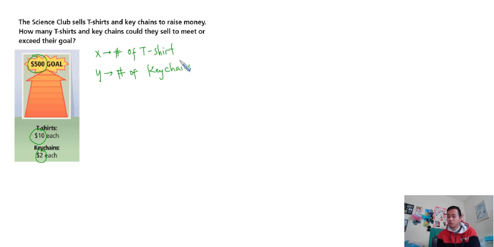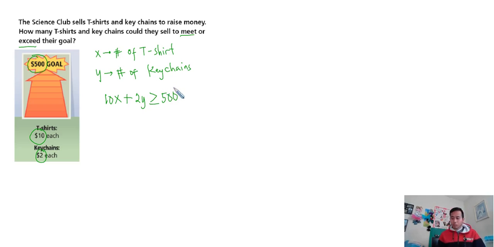Okay, so I'm going to make an inequality based on this one, because they said how many can you sell to meet or exceed. The word exceed, so it can be higher, so greater than, right? So $10 for each t-shirt plus $2 for each keychain must be greater than or equal to 500.